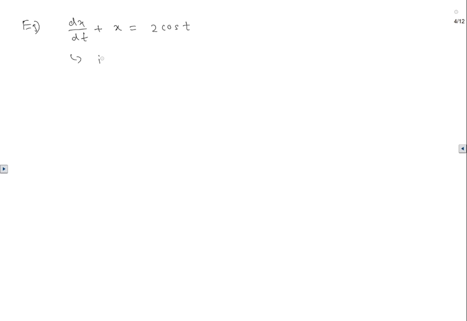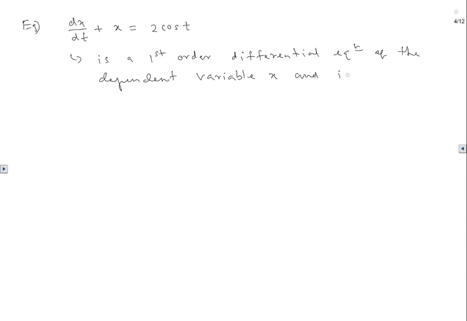So this is a first order differential equation of the dependent variable x and the independent variable t, because t is in the bottom.